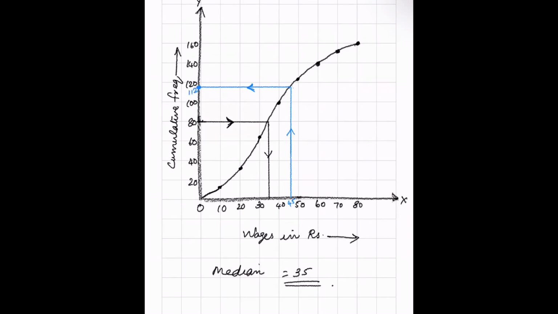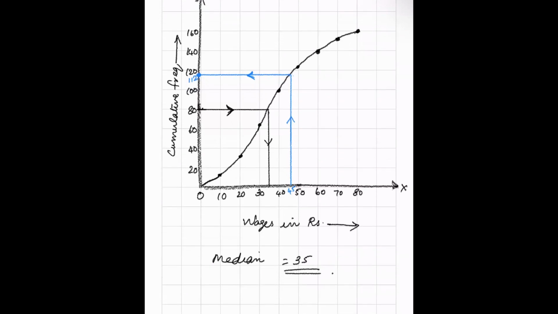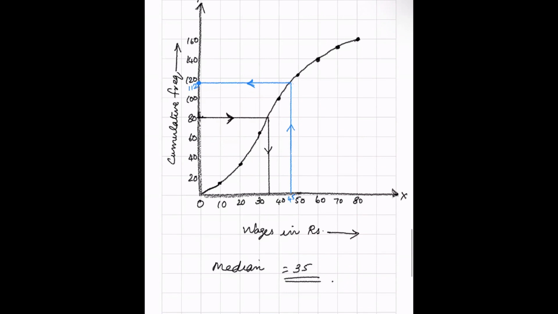Now, what is the difference between 160 and 112? These many people are earning more than 45 rupees per day.